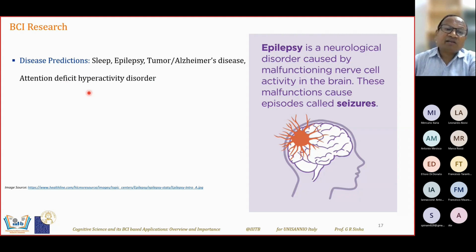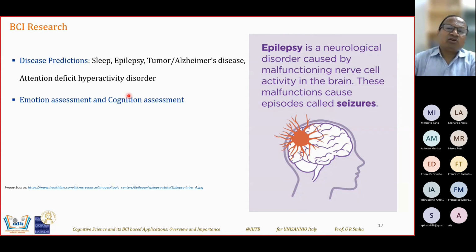There is a lack of attention, and suddenly a person indulges in hyperactivity-related activities or a task. So that is a disorder, and there is enough research work and practical implementation where ADHD is attempted to be solved using BCI research.